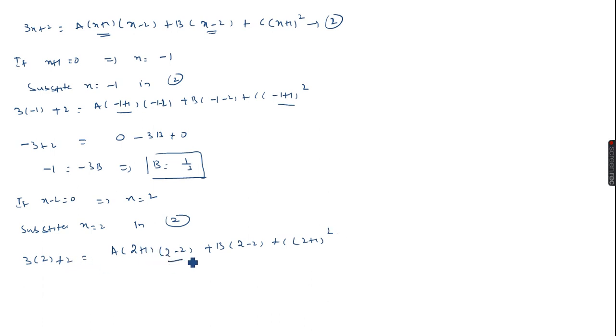The terms 2 minus 2 become 0. 3 twos are 6, 6 plus 2 is 8. So 8 equals 0 plus 0 plus 3 square, which is 9c. From that 9c is equal to 8, that is c equal to 8 by 9.